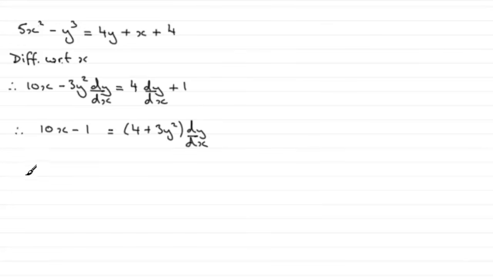So I can now rearrange this and I get that dy by dx equals, if I divide both sides by 4 plus 3y squared, 10x minus 1 all divided by 4 plus 3y squared.